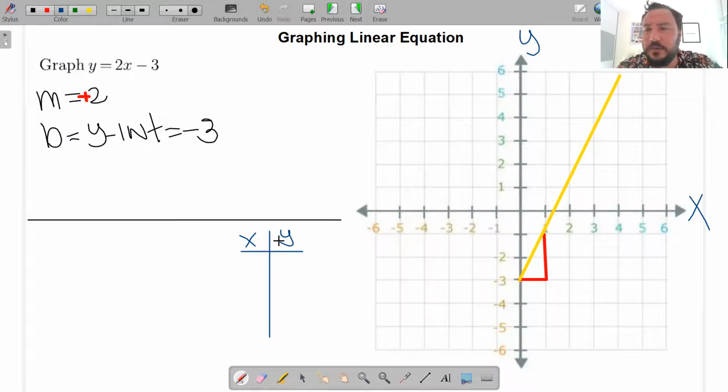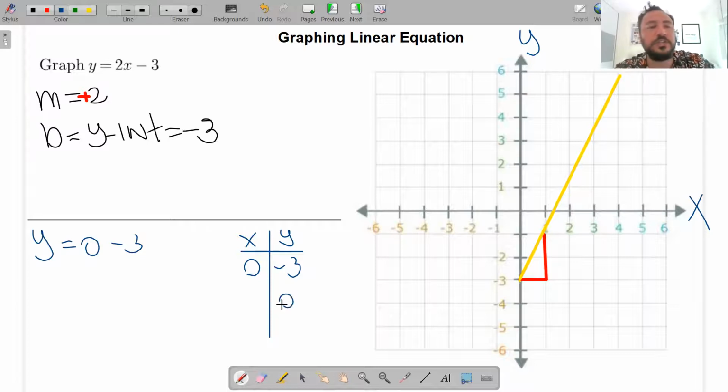Now, what's our y-intercept? Of course, it's going to be -3. -3 is equal to y when x is equal to 0, and we can see it by just placing 0 in 2x. What happens when we put y equal to 0?